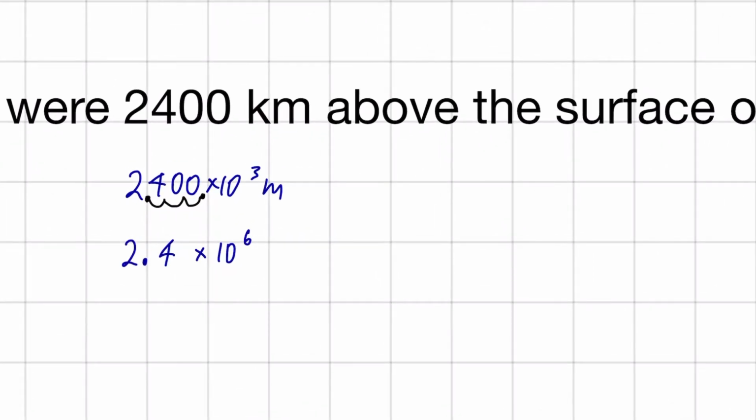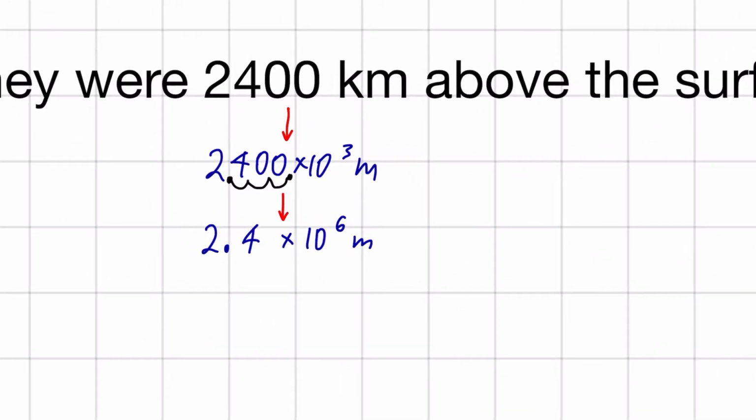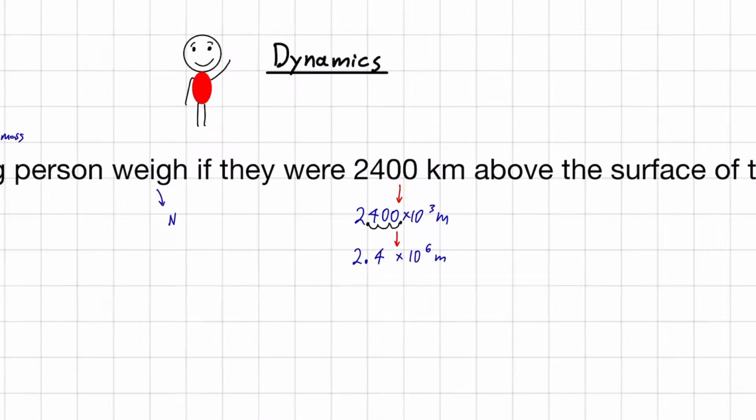That's adding another 3 to this exponent. So now we have exponent 6 meters. Remember, this is equivalent to this, which is equivalent to this. They're all the same value, but we want units of meters, and we like this scientific notation where it's just one digit followed by one decimal.